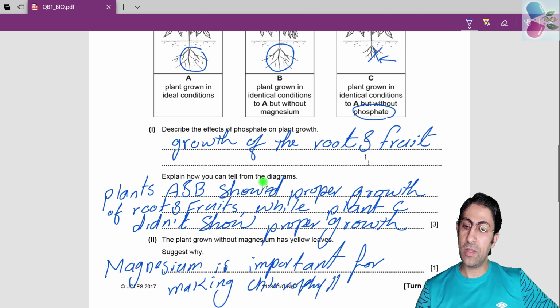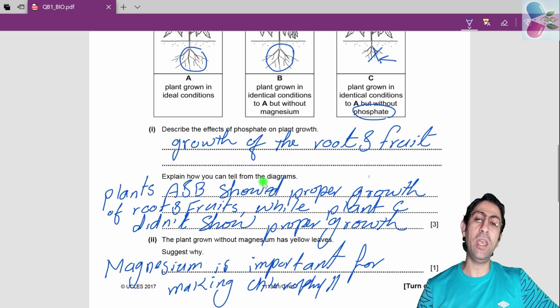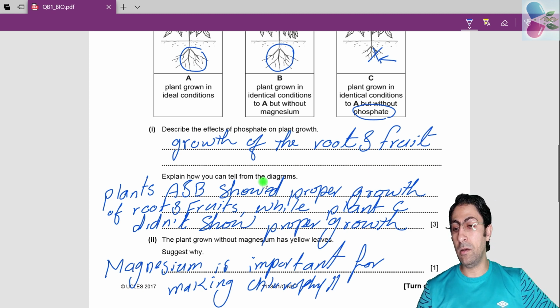And the chlorophyll is the green pigment that makes the plant green. But due to the lack of magnesium in plant B, it will not be able to make the chlorophyll, so the plant will show yellow leaves.